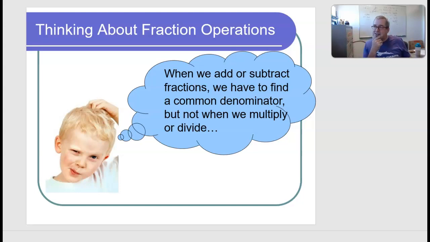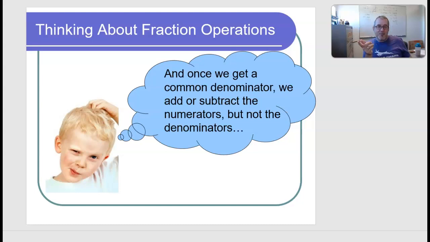I wonder why that is. I wonder why we have to have a common denominator. And in adding and subtracting, once we get a common denominator, we add or subtract the numerators, but we leave that common denominator alone. Well, that's interesting. I wonder why that is. Why does it work out that way, that we end up adding numerators, but we leave the denominator alone?